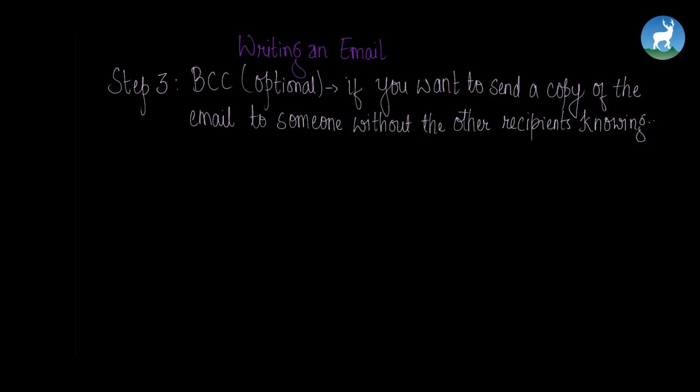For instance, you don't want to let any of the other people know that you have sent a copy of your email to someone else. So you use BCC. If you use this option for writing down the email address, other people are not going to know who the other people are that you have sent the email to. BCC is known as blind carbon copy.